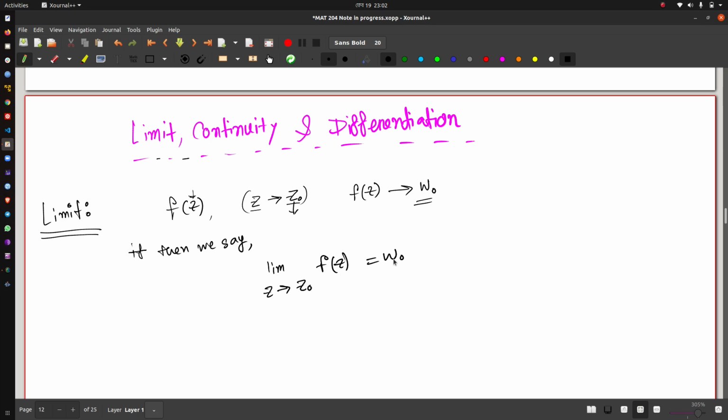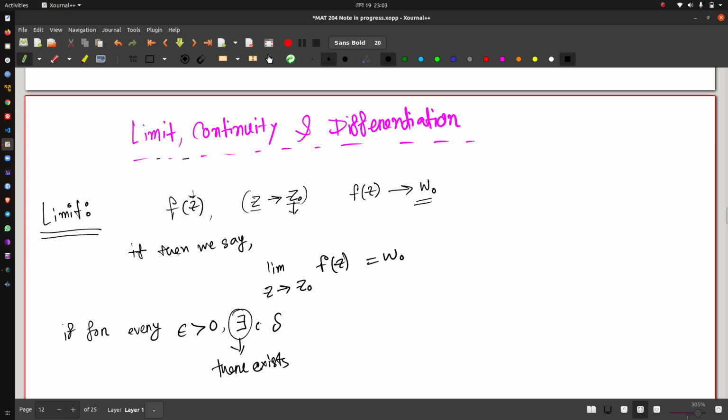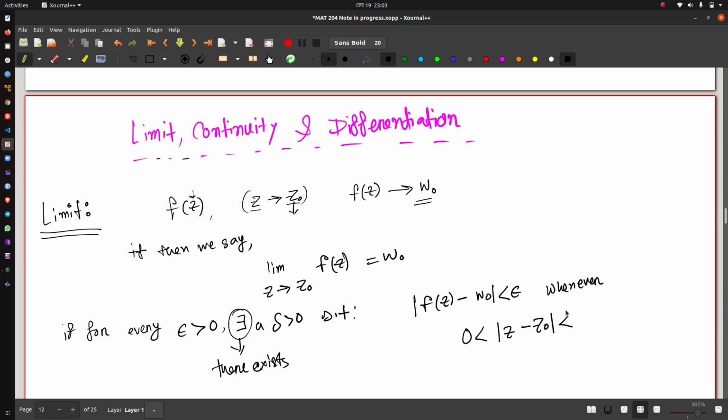Mathematically, we say limit of z goes to z naught of f of z is w naught if for every epsilon greater than 0, where epsilon is sufficiently small, there exists, this symbol means there exists, a delta greater than 0, such that the modulus of f of z minus w naught, that means the difference between these two values, is less than epsilon whenever the difference between the values of z and z naught satisfies this inequality.